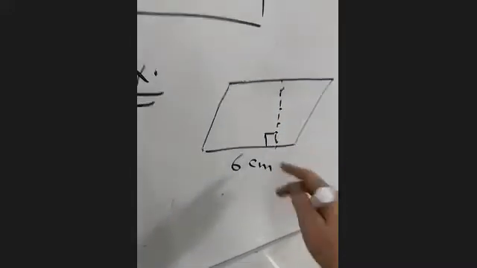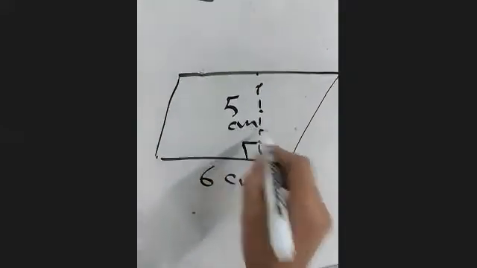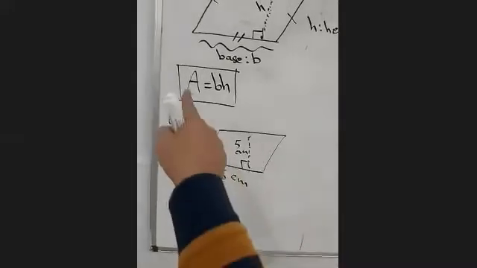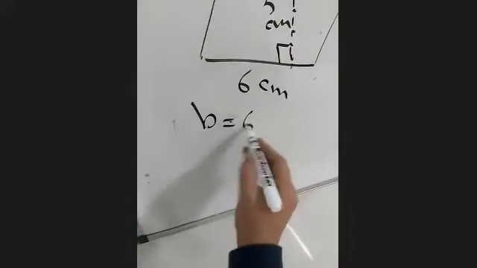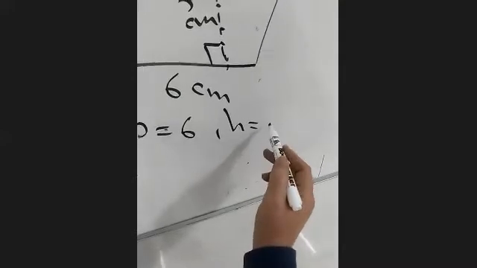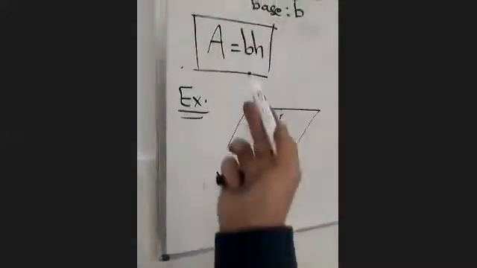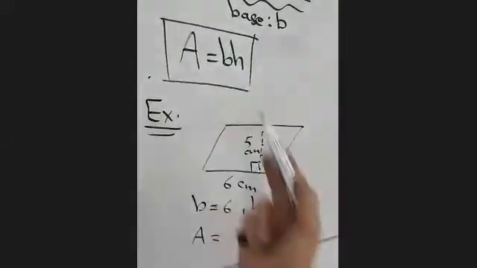This is the height, and let's say it is 5 centimeters. So the base is 6 and the height is 5. What's the area? First step, always write the formula. A equals BH.